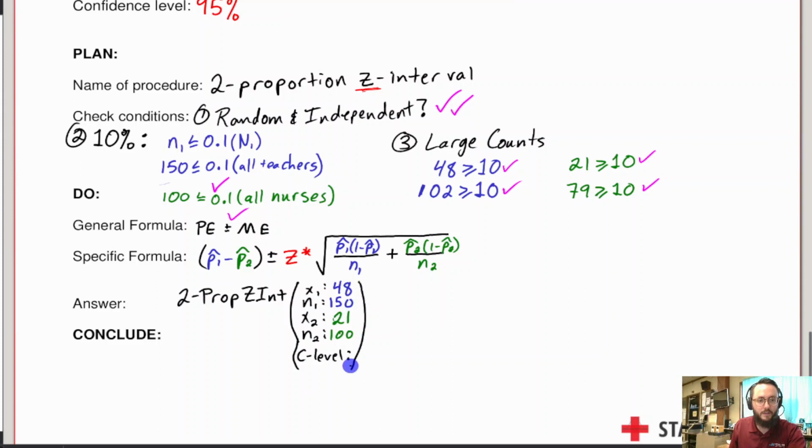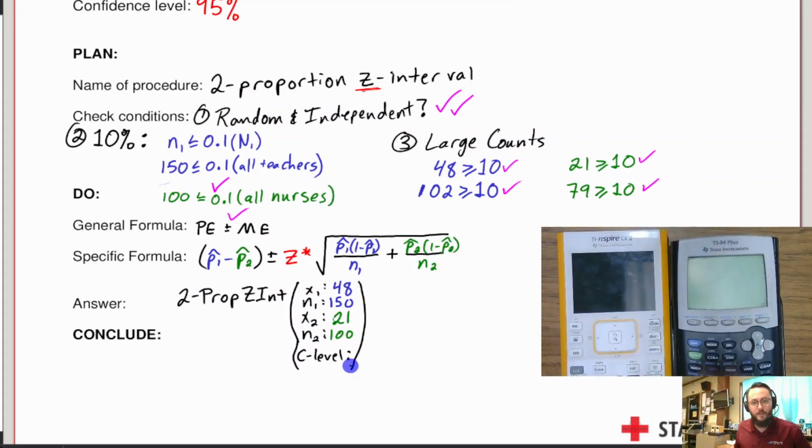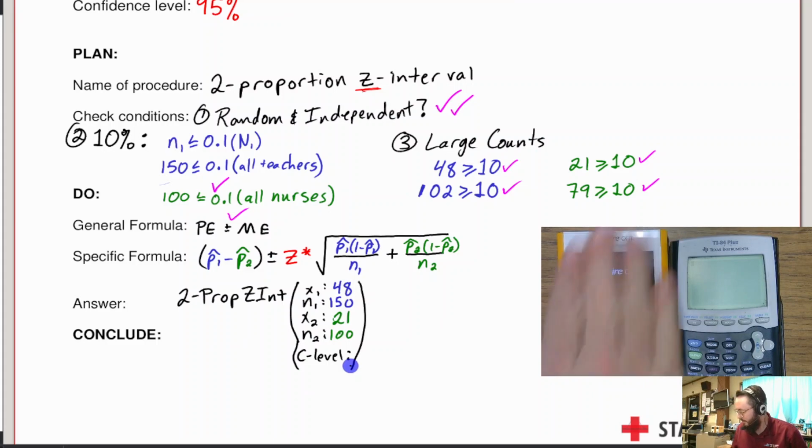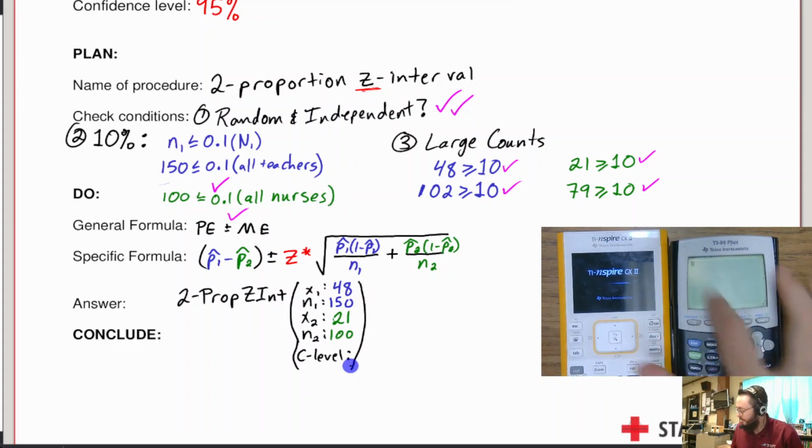Now I'm going to show both of the calculators that we use in class. We'll let that one boot up. Do the TI-84 first.